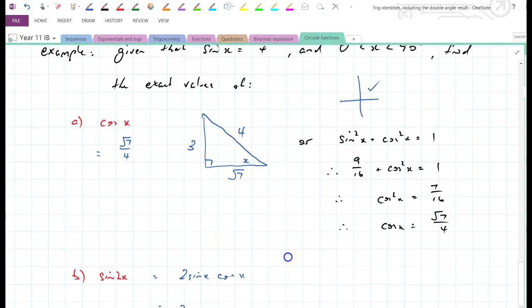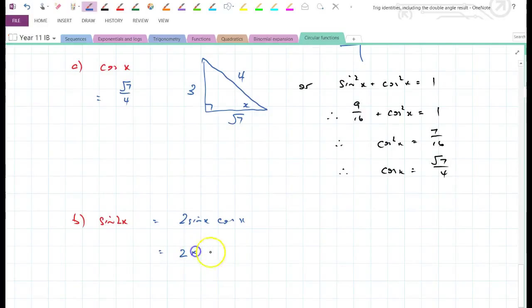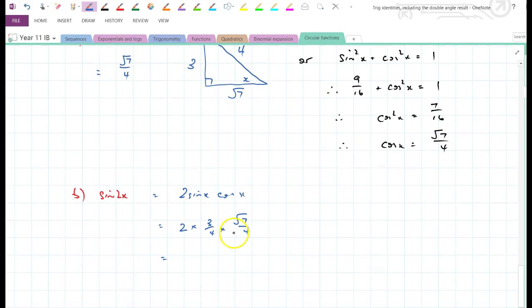Sine x is 3/4. So it's 2 times 3/4. I know what cos x is now. It's root 7 over 4. So I can just work that through to get 6 root 7 over 16, or 3 root 7 over 8. So that'll give me sine 2x.